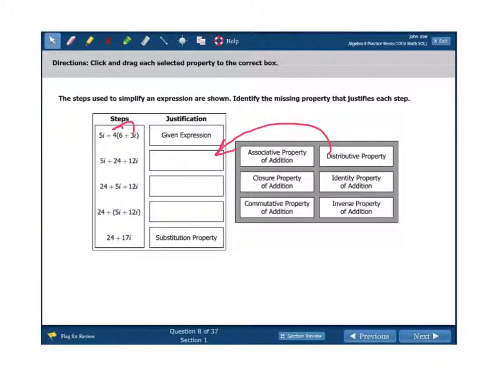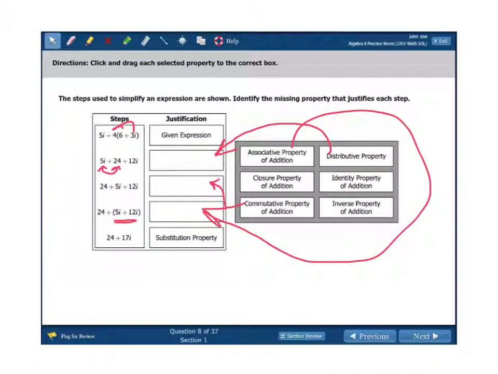Then I noticed that they have taken our 5i and our 12i and swapped them. That's our commutative property. And now we've got some grouping going on right here. That is our associative property. And then they substituted 17 for 5 plus 12. That's not hard. Hopefully the properties are solid in your mind. If not, that's what you're going to review.